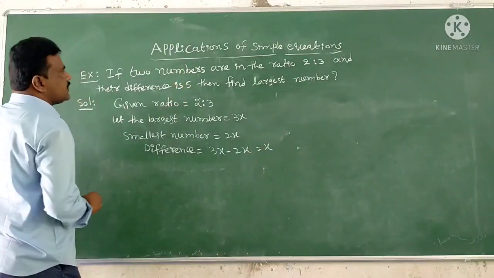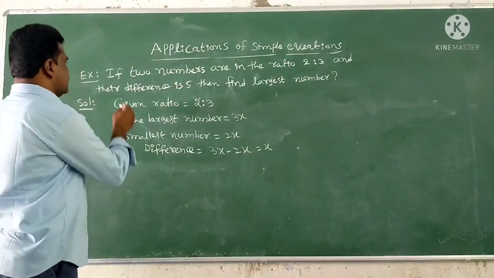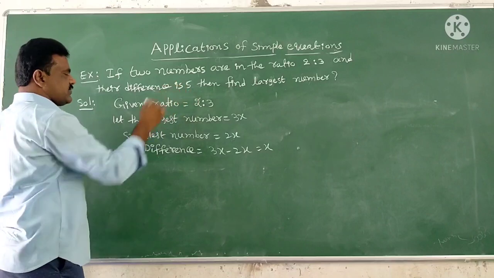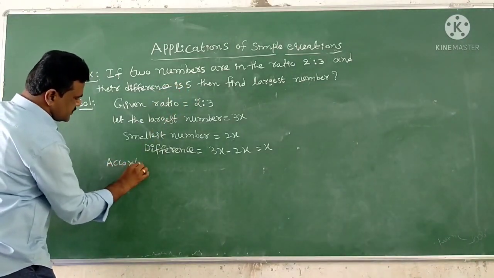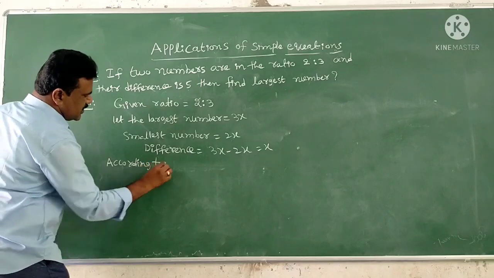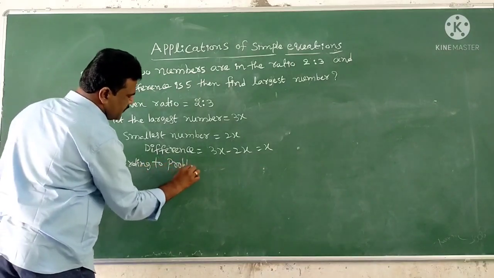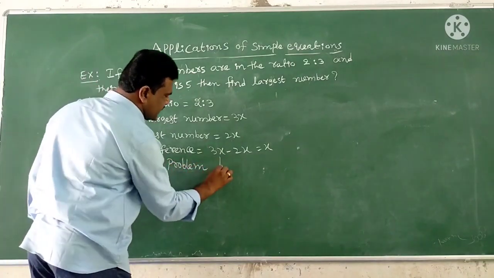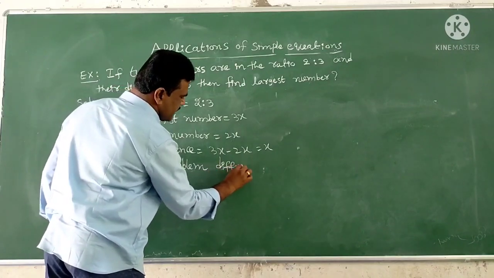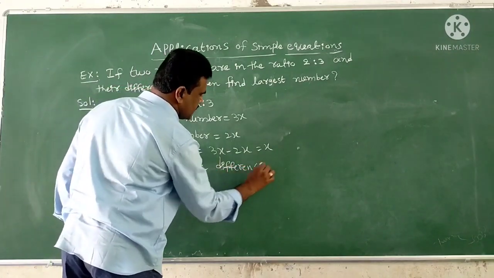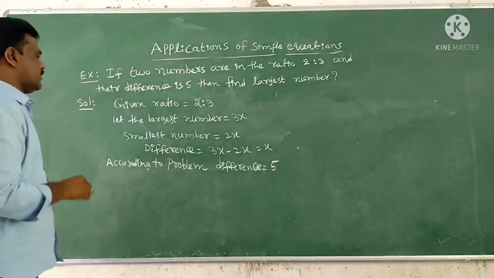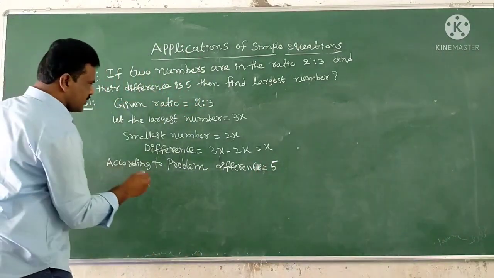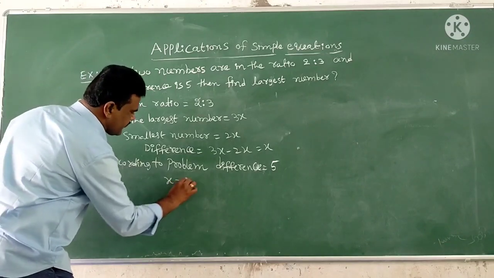What is the difference from the problem? Difference is 5. So according to the problem, x is equal to 5.